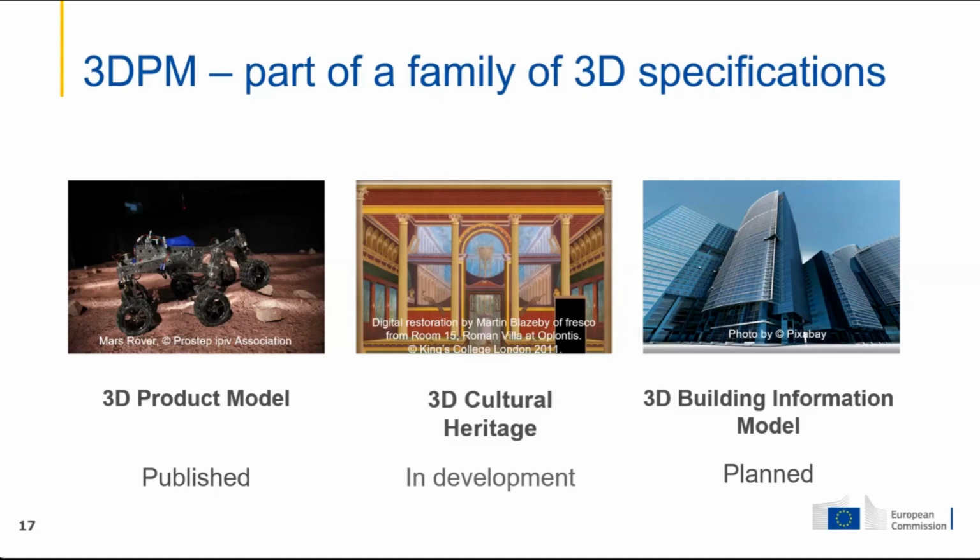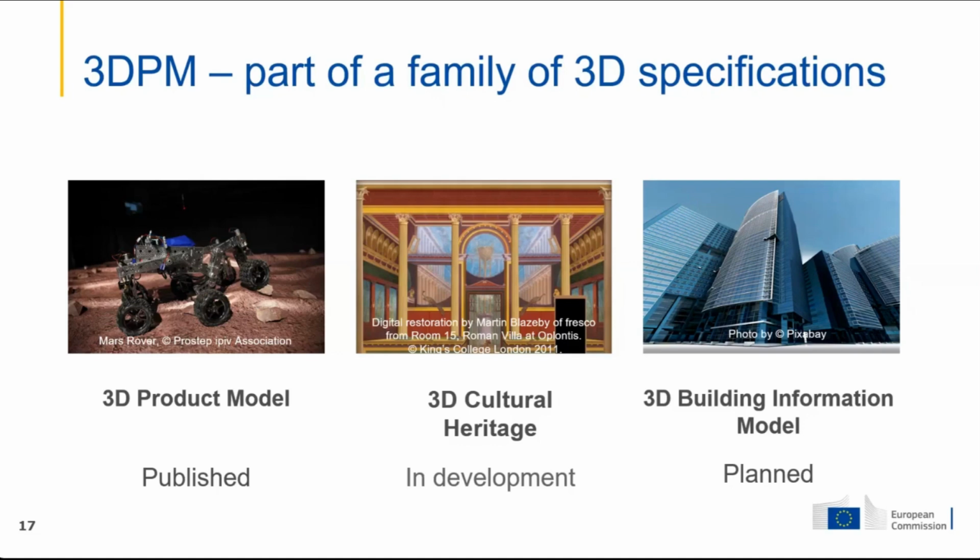The 3D product model is the first, and probably the first for good reason, in that it had a basis to work on, which is the existing LOTAR standard. But we are already working within the 3D working group on a CITS for 3D cultural heritage models. That's in development, and in fact it is in draft.